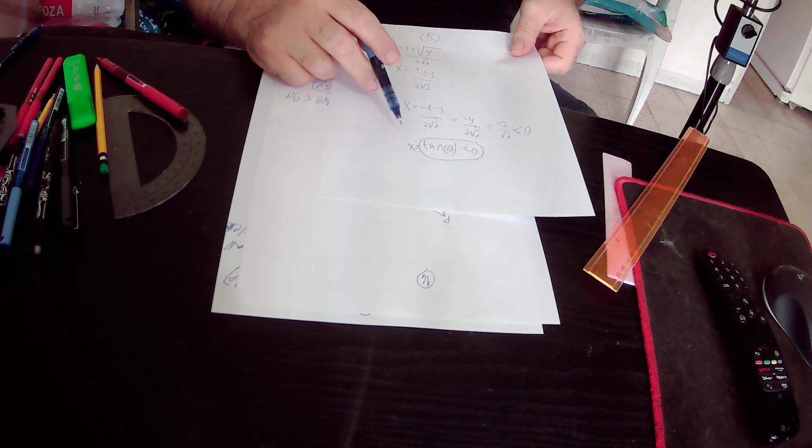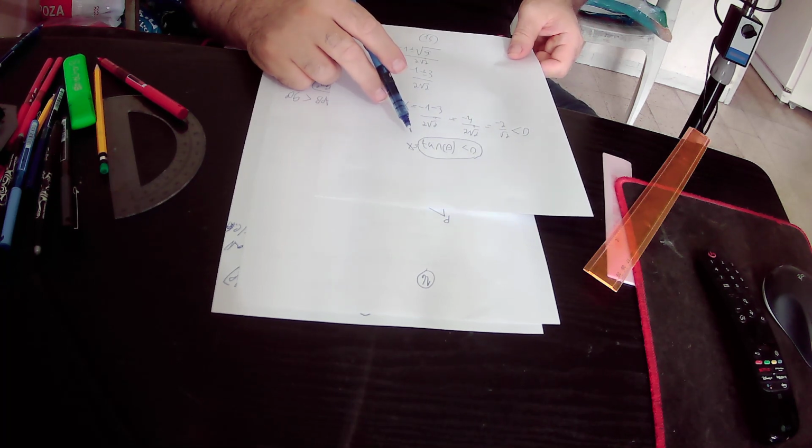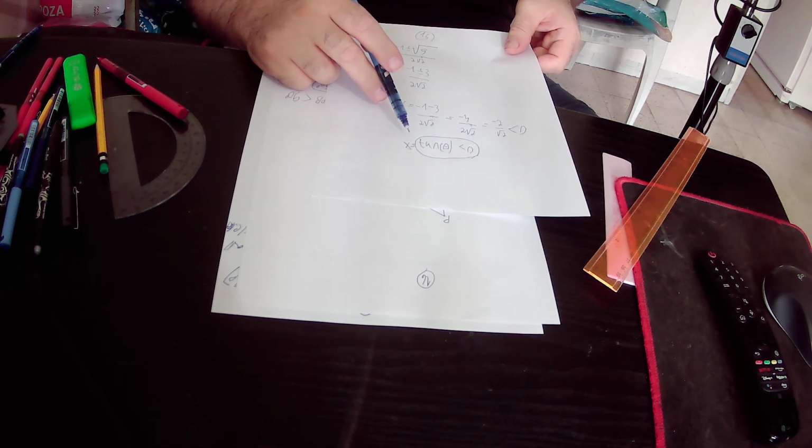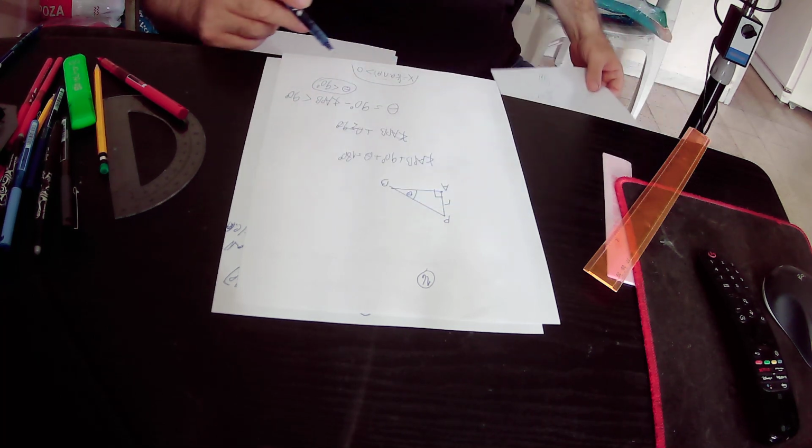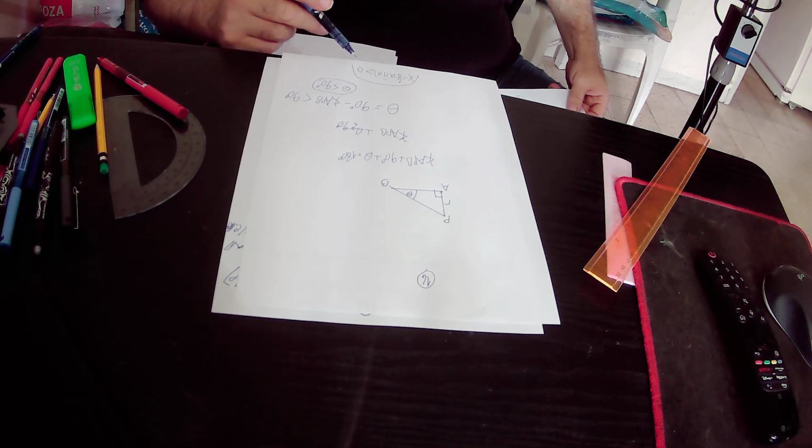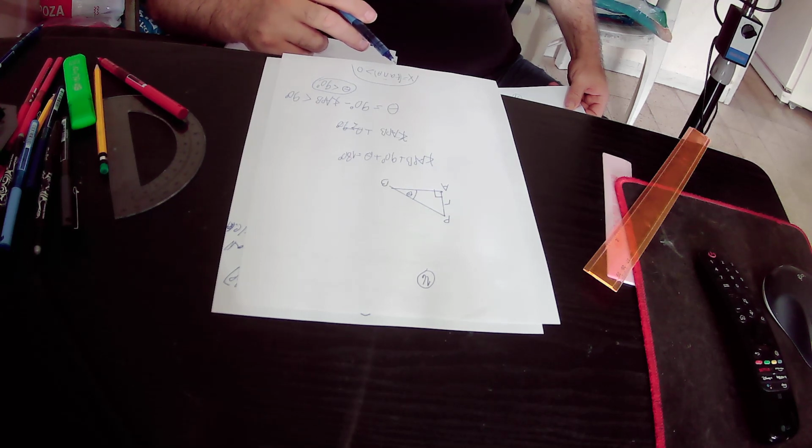So according to our solution, x is negative, while according to our data, x must be a positive number. Therefore we have here a contradiction.